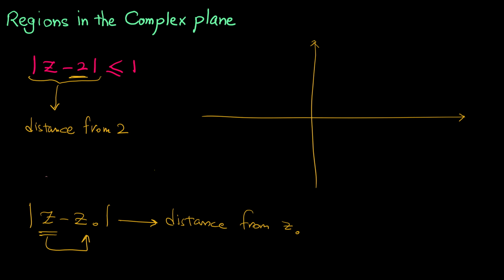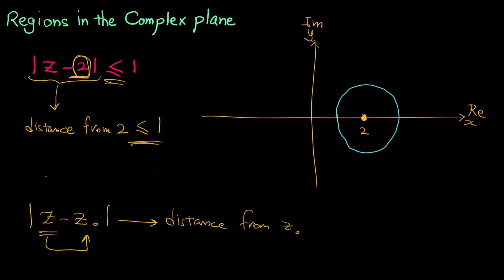Now we are looking for points whose distance from 2 is less than or equal to 1. Where is point 2? Point 2 is here. Attention, this shows the x value. If we suppose this is the x-axis or real axis and this is the y-axis or imaginary axis, now we are looking for points whose distance from this fixed point here is less than or equal to 1. Those points are exactly on this circle or inside this circle, whose radius is 1.